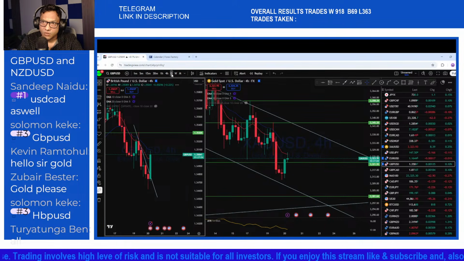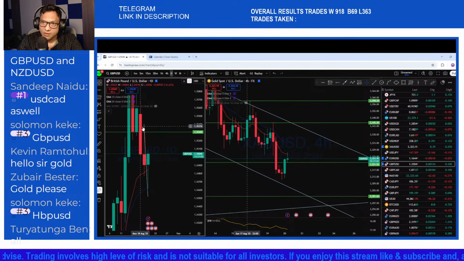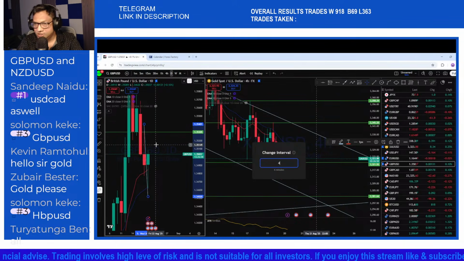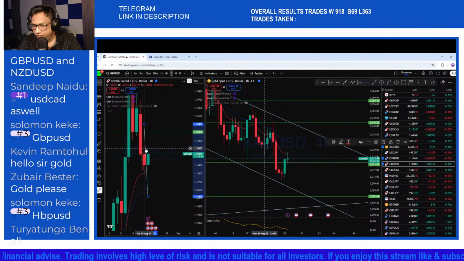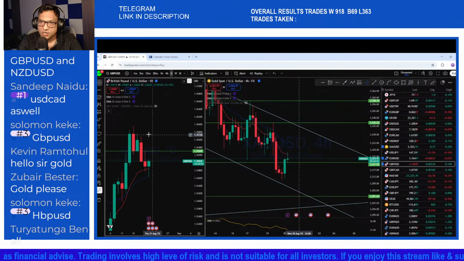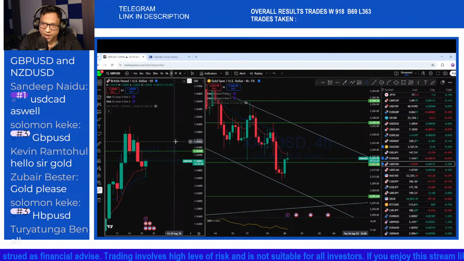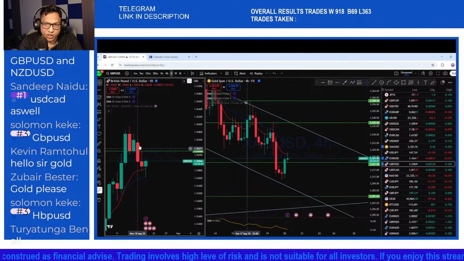Now the level for GBPUSD to look for here is 1.3530, and that's the previous daily high here. Okay, so you can see that if you look at here, this GBPUSD series of lower high, right? So once the market managed to break that series of lower high, also there is a liquidity zone.